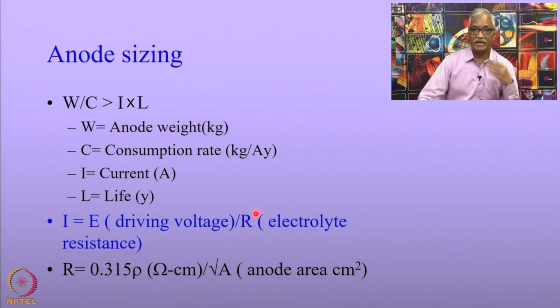How to adjust R we have seen earlier, right? There is a relation between R and the area of the anode. So, if the area of the anode becomes smaller, you will not get sufficient current to protect the structures, or the driving voltage is going to be reduced. So, the sizing of the anode is based on the weight required to protect for the given life, as well as the driving force that is required to drive the required current for the structures.